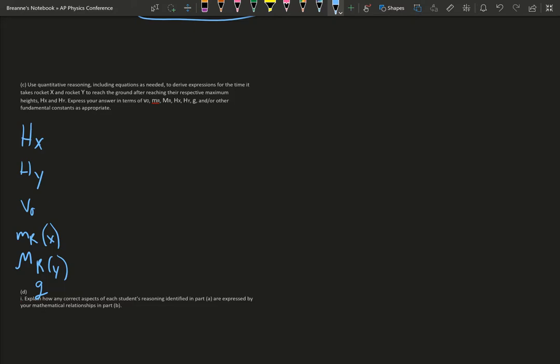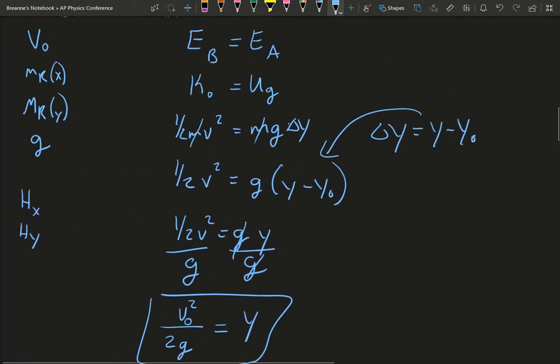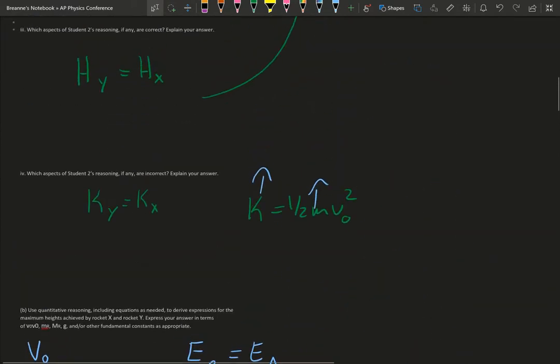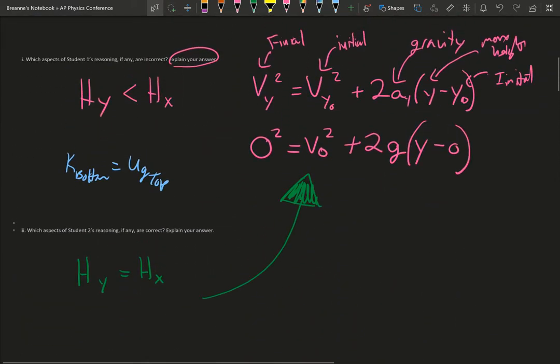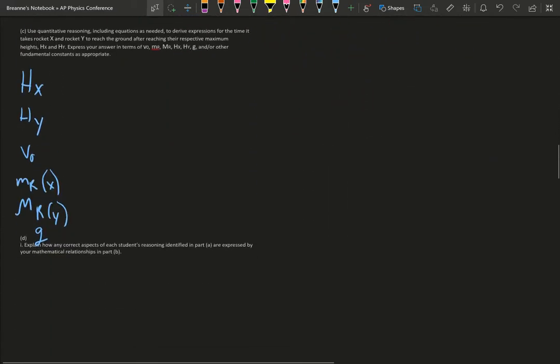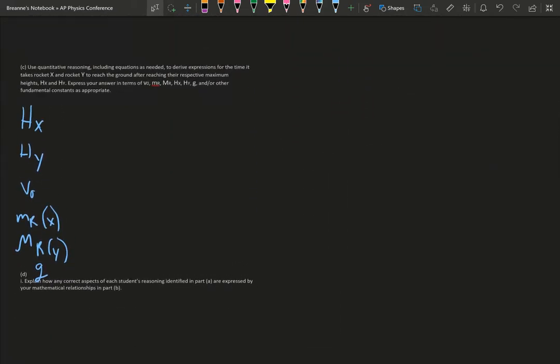Okay, so we're trying to find time. Sadly, there's no time in our energy equations, so we have to go back to our 1D motion problems. This is where they mix 1D motion with energy, and that's why I really think energy will be on your free response, because you can mix it with anything. So we need time.